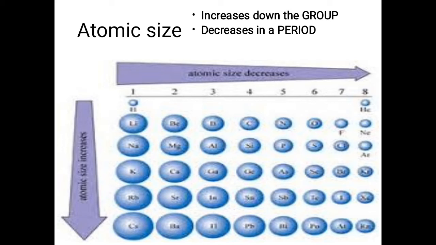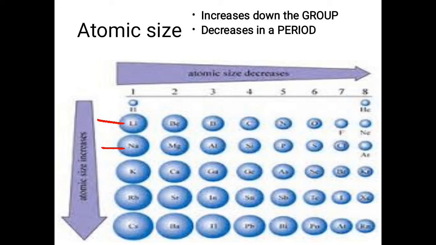As the number of shells increases, the proton number increases, and more electrons are present in more shells. That's why lithium is smaller than sodium, because lithium has only 3 protons and 3 electrons, but sodium has 11 protons and 11 electrons.